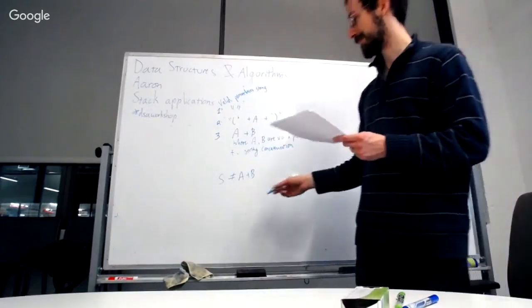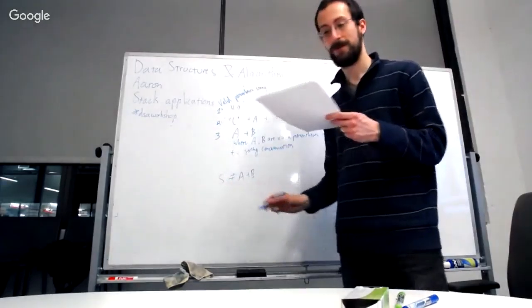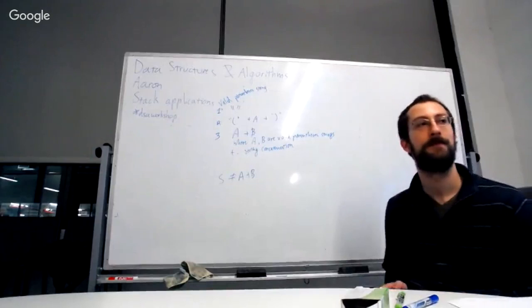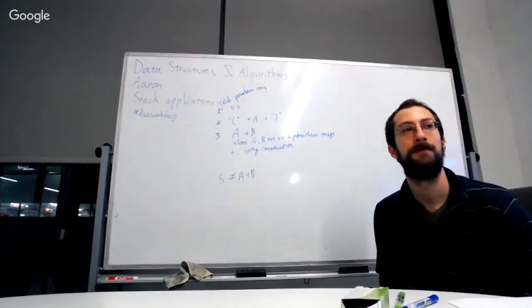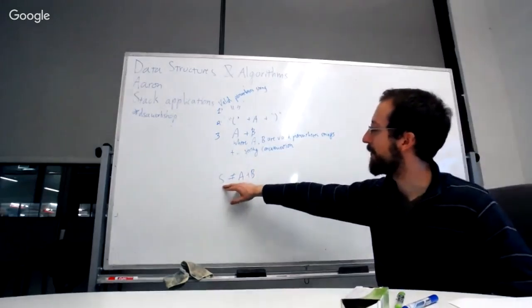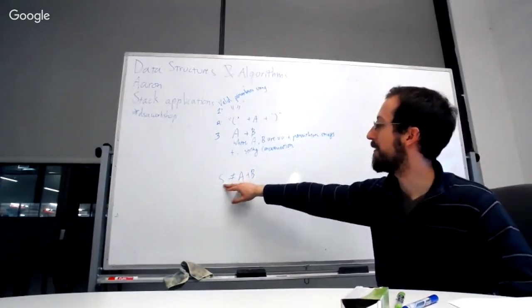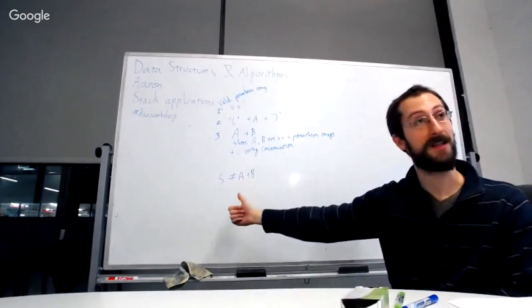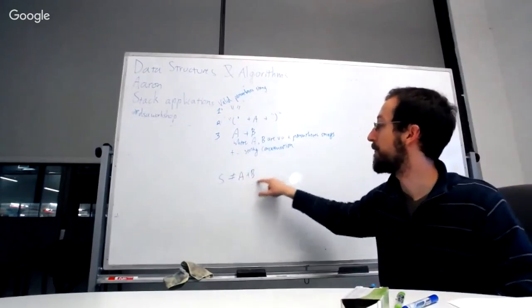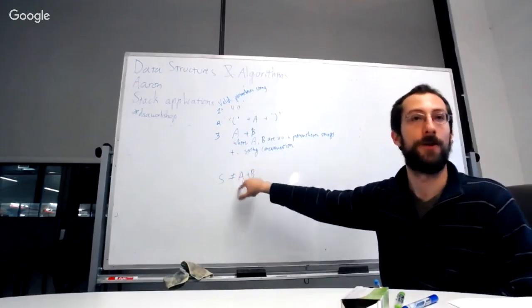So what is a primitive parentheses string by this definition? A primitive parentheses string S is anything that's non-empty, so it has to have some parentheses, and it can't be broken into A plus B. So hold on, what's A plus B again?